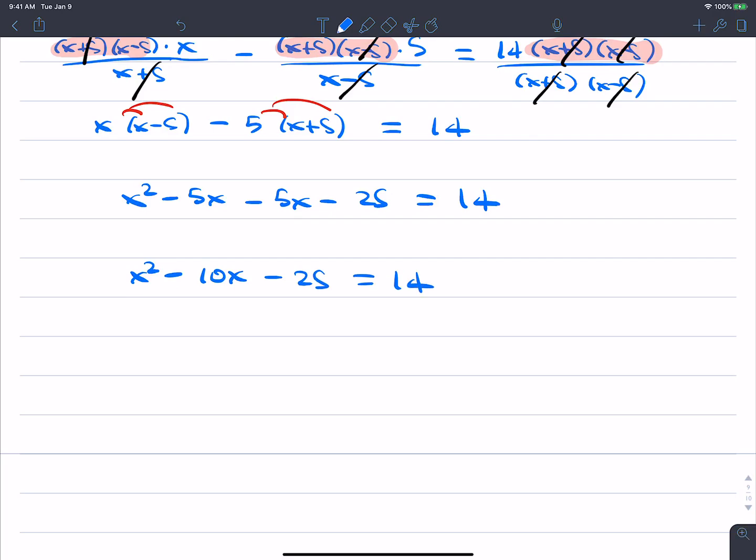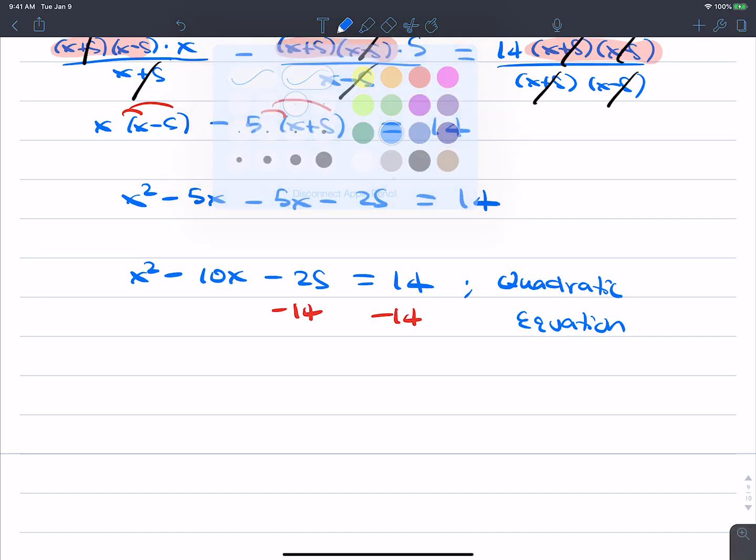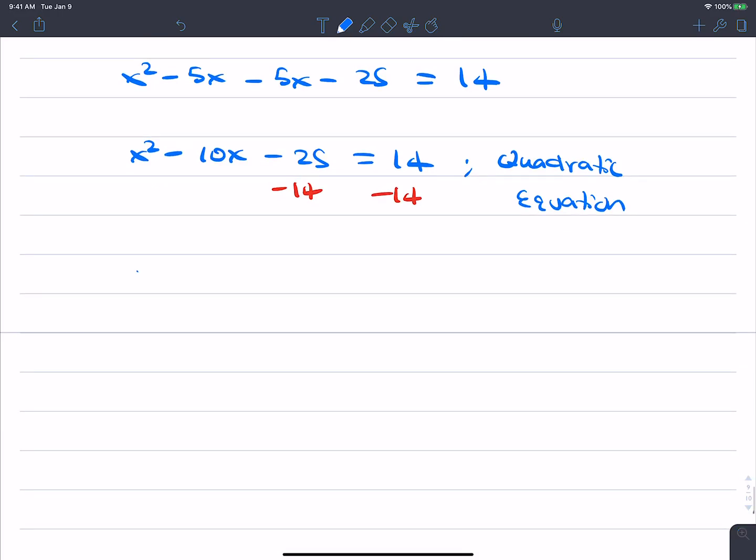Does anybody know what kind of equation this is? These are some nice quadratic equations. How do you solve them? Well, it has to equal 0. So you'll have x squared minus 10x minus 39 equals 0.